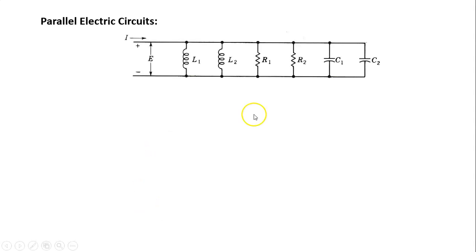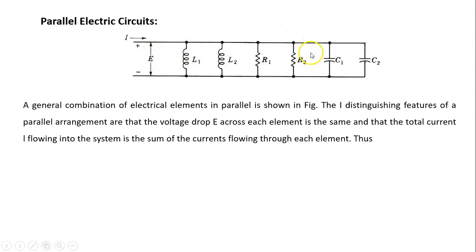Next, parallel electric circuit. Here the parallel electric circuit is shown in the figure. Two inductors L1, L2, two resistances R1, R2 and two capacitances C1, C2 are connected in parallel. Now, in case of parallel electric circuit, voltage drop E is the same across each element, but current I is divided between these elements.